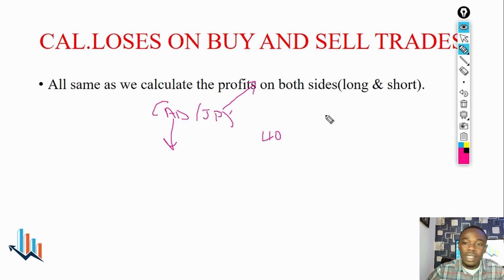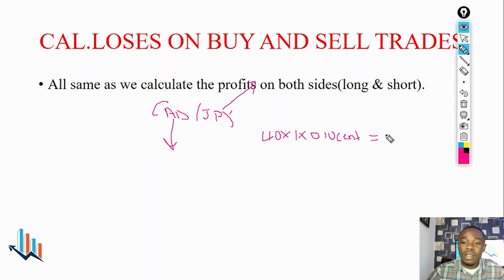and we traded in micro lots, 1 micro lot. So times the pip, the value of a pip in a micro lot is equal to 0.10 cents.